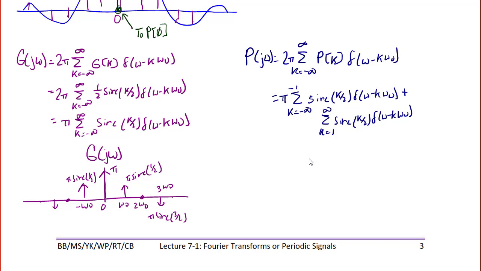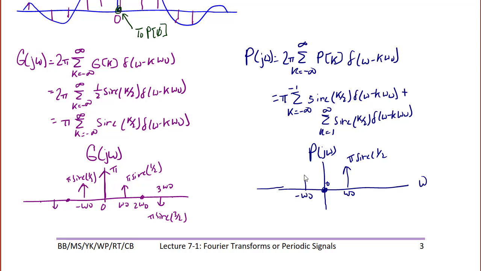And now let's make a sketch. So P of j omega looks just like G of j omega, except right here at the origin I have a 0. So here I have pi sinc 1/2 at omega naught, and at negative omega naught I have pi sinc 1/2.